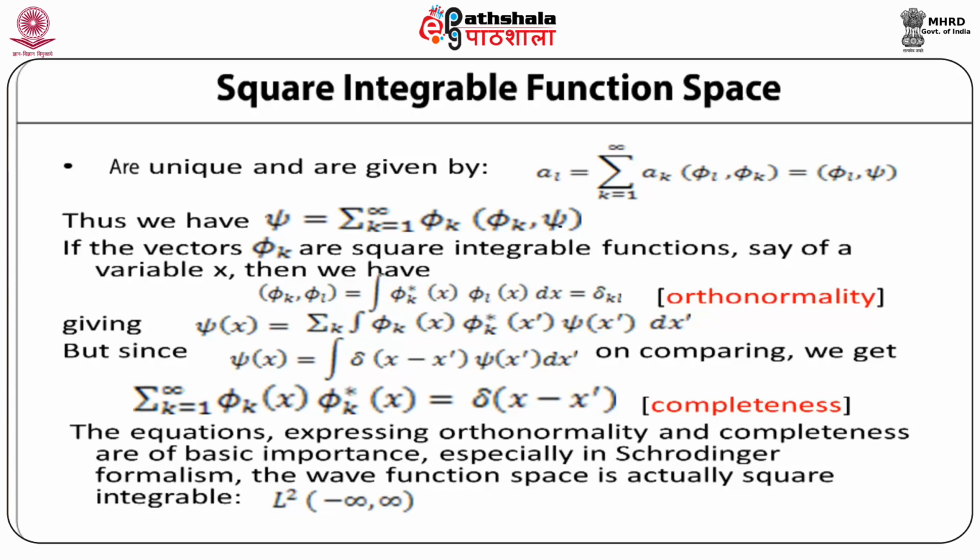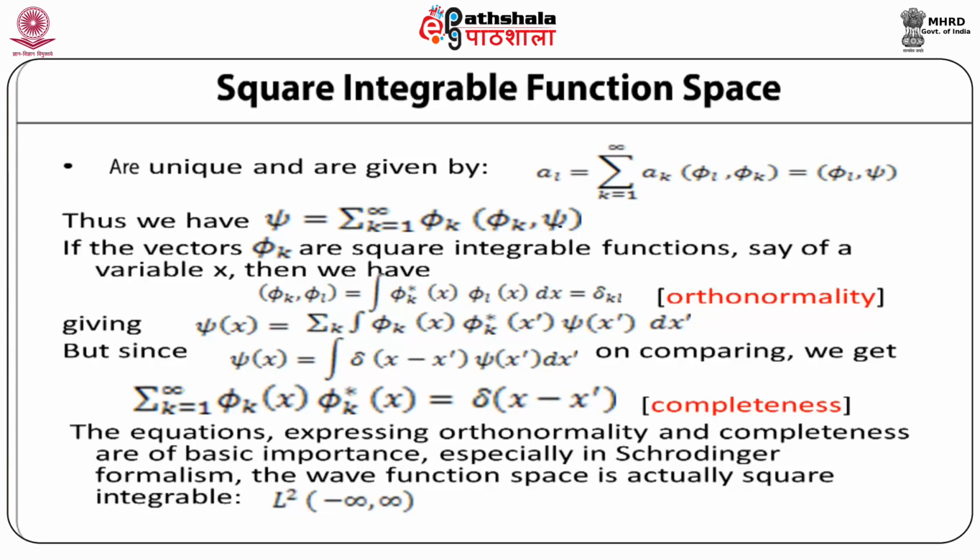But since psi x is also defined as psi x is equal to integral delta x minus x prime psi x prime dx prime, therefore, on comparing the two equations, we get summation k going from 1 to infinity phi k x phi star k x prime is equal to delta x minus x prime, and this condition is also called the completeness condition.